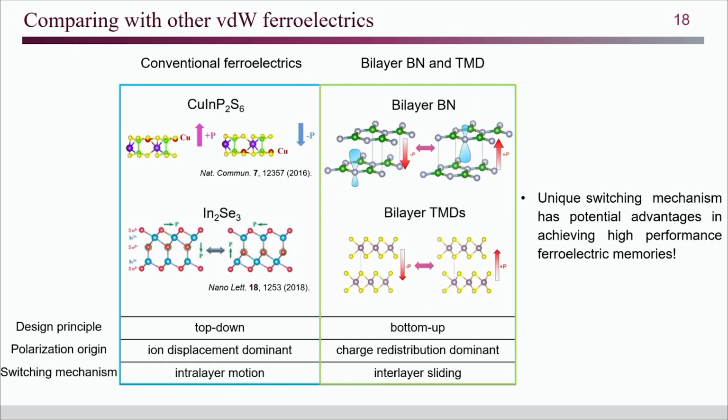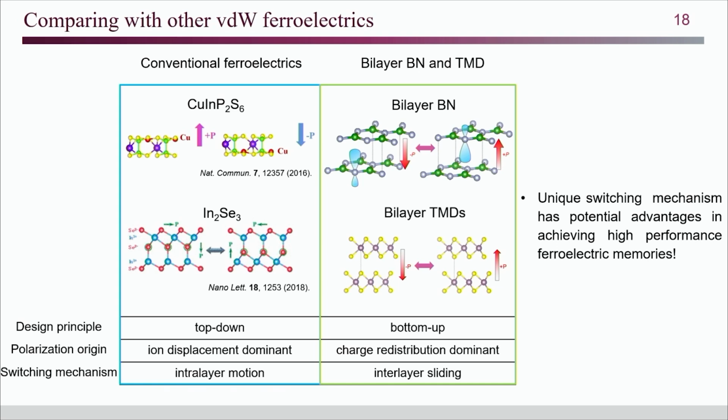And we can also compare these sliding ferroelectric materials with other types of van der Waals ferroelectric materials. For example, copper indium phosphorus sulfide or indium selenide, their design principle is to start from a bulk polar material and then use this top-down approach to exfoliate them down to thin layers.